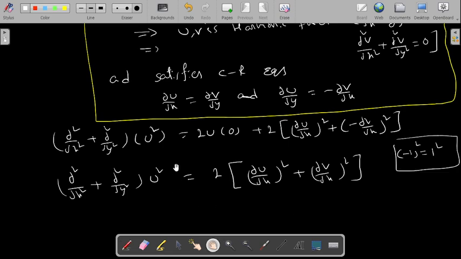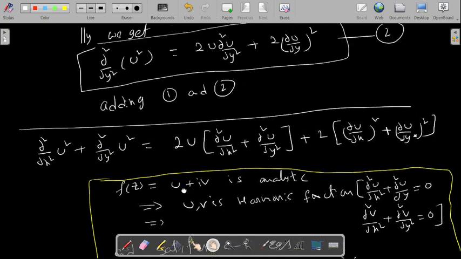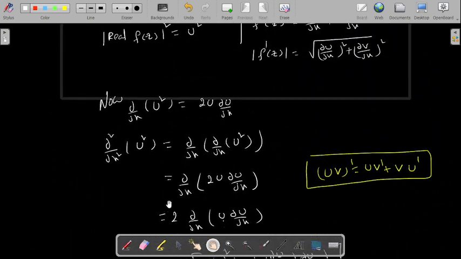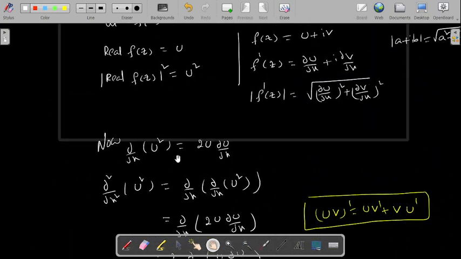So therefore what is this u²? This u² is real part of f(z) squared.